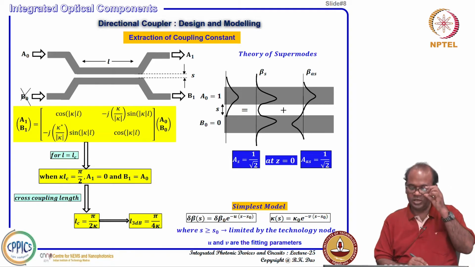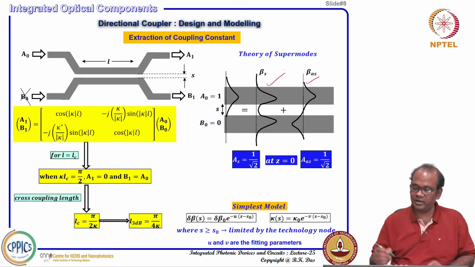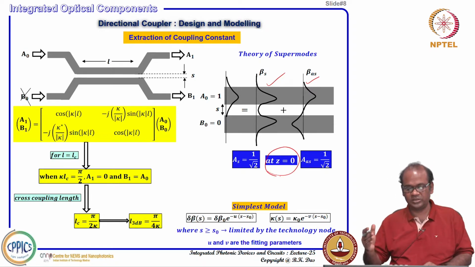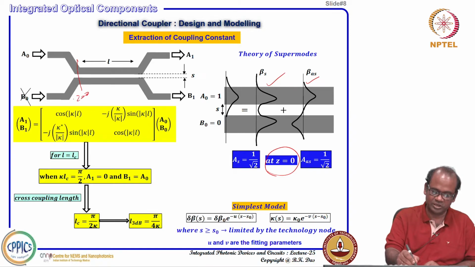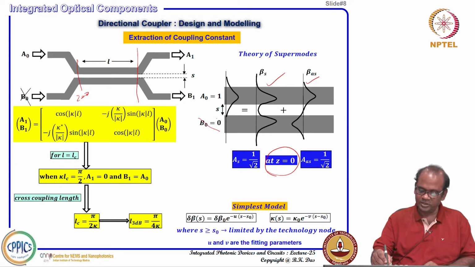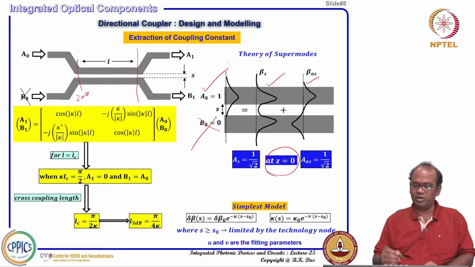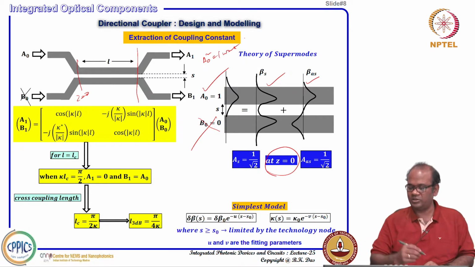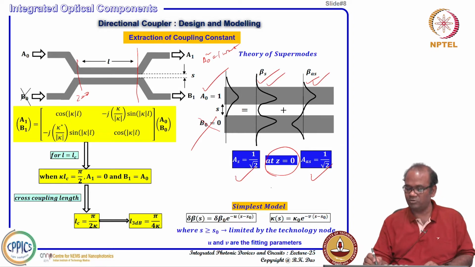So, now you see, in normally coupled waveguides, we have seen that there are two different types of solutions we can get, symmetric solution and asymmetric solution. So, z equal to 0 in the propagation direction is where the coupling starts, and this is z equal to L DC, for example. At z equal to 0, if you are not launching anything in the second waveguide, and only in the first waveguide you are launching A naught equal to 1, meaning A naught squared is 1 watt, just normalized, then we know that the symmetric mode and asymmetric mode will share the amplitude, 1 over root 2 each, at z equal to 0.